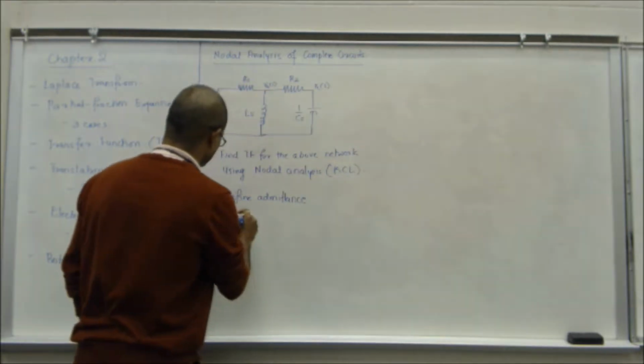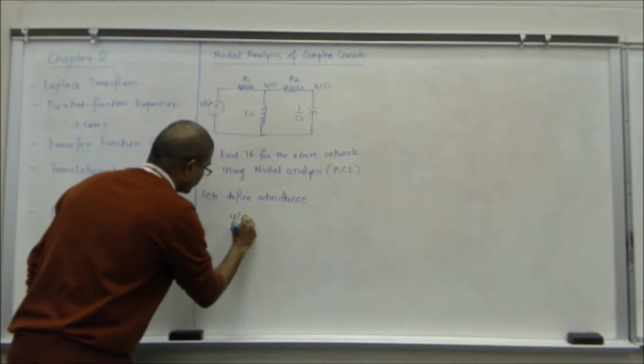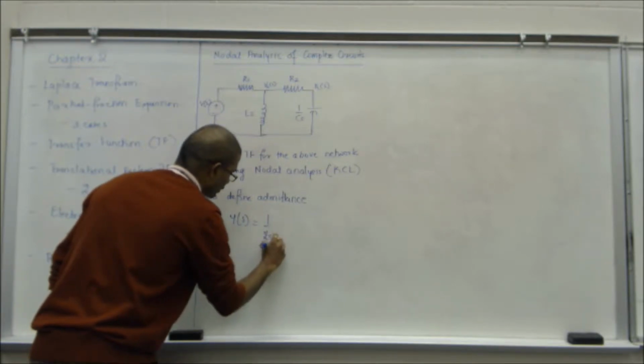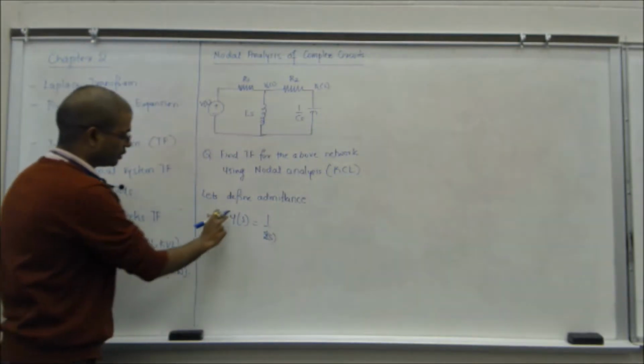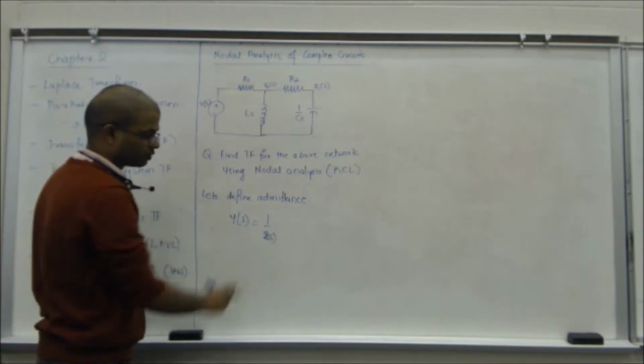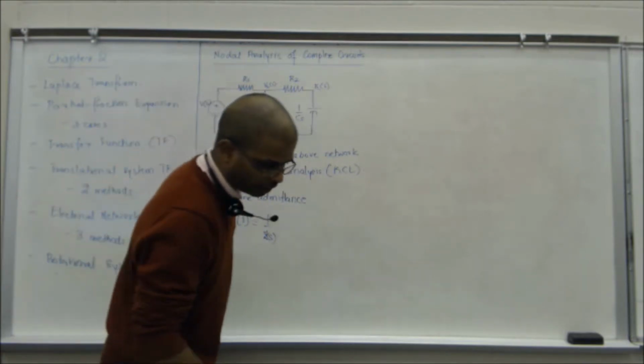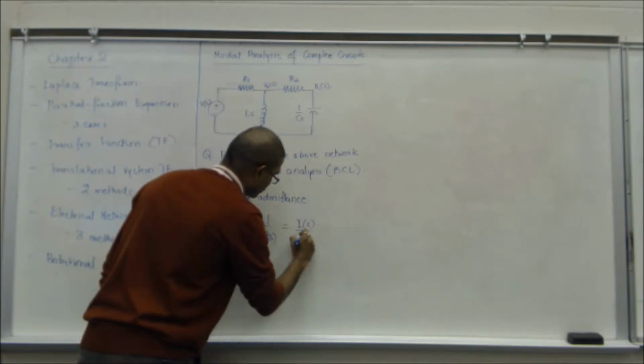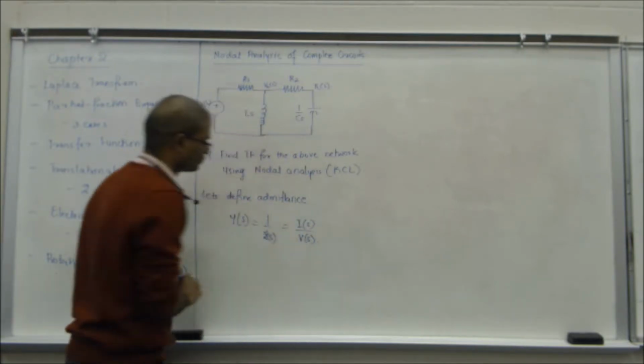So you have Y of s is equal to 1 over Z of s. So here, this is your admittance, this is your impedance, and this could be I of s over V of s.